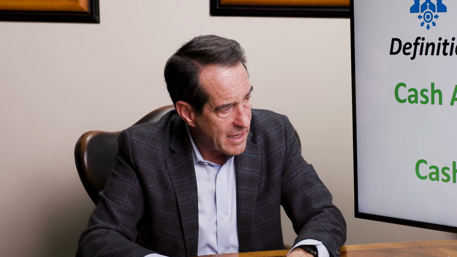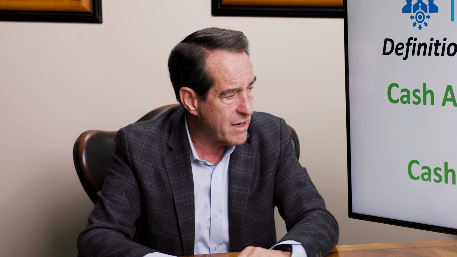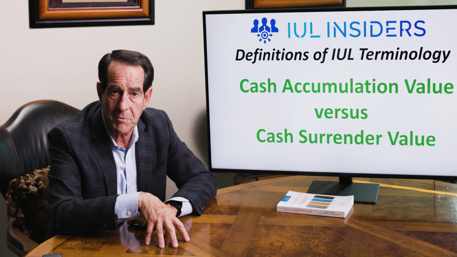You can access up to 94% of the cash surrender value in the event of emergency without the policy lapsing, which would be the smart way to go if you think you want to keep the policy in force, or you want to be grandfathered to keep putting the money in. The only time that this whole surrender value comes into play is if you're going to cancel the policy, or if you're needing to access as much money as possible.